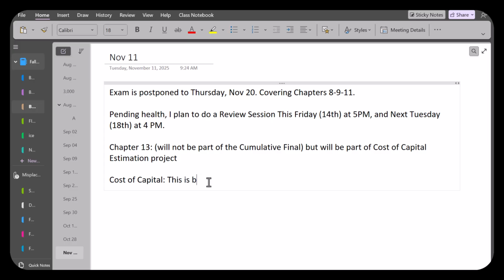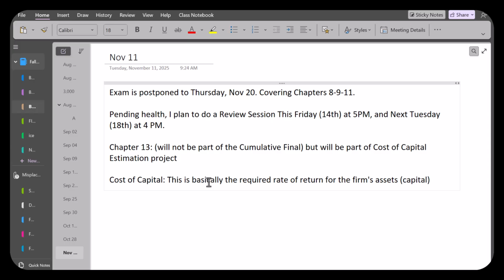This is basically the required rate of return for the firm's assets, which you can think of as capital.